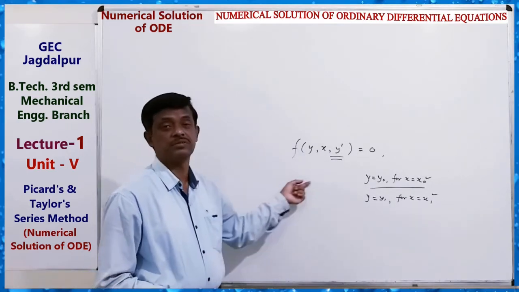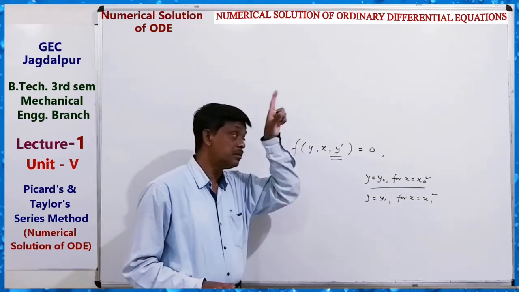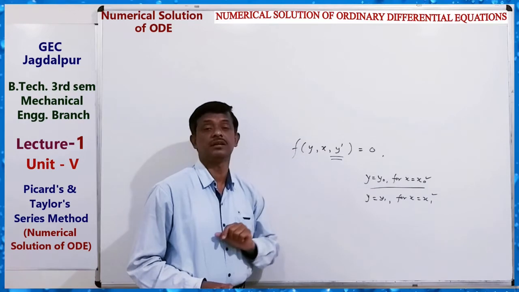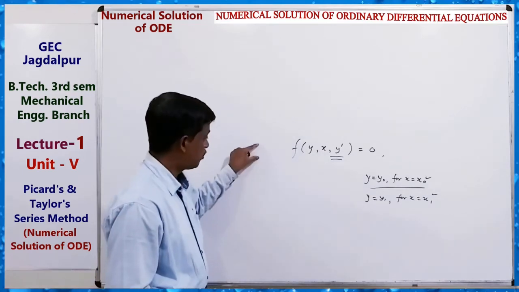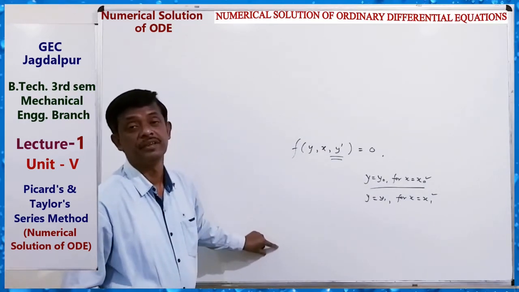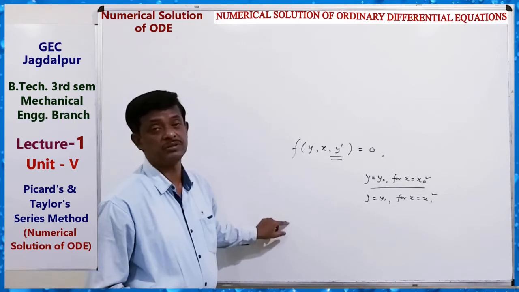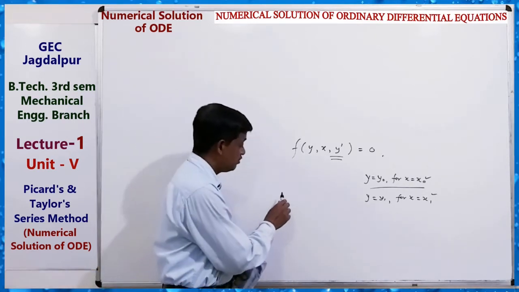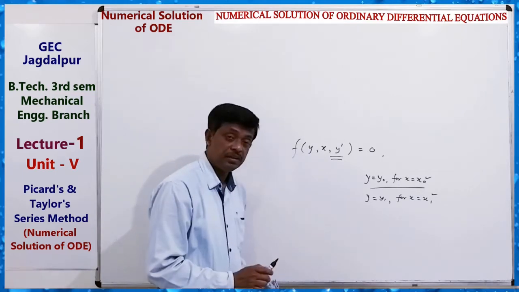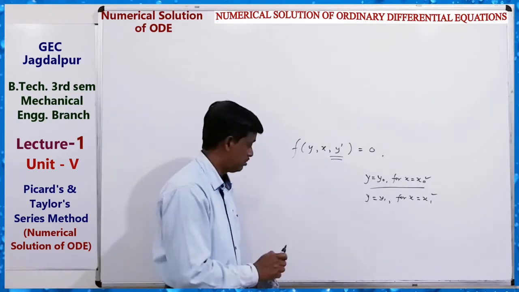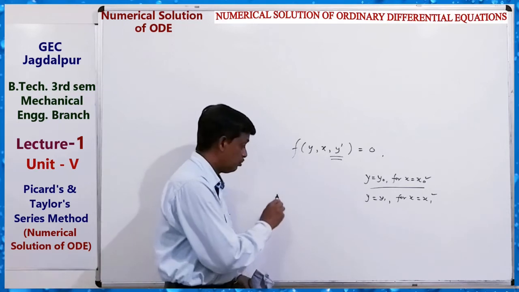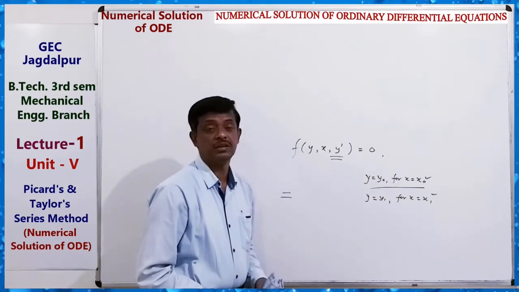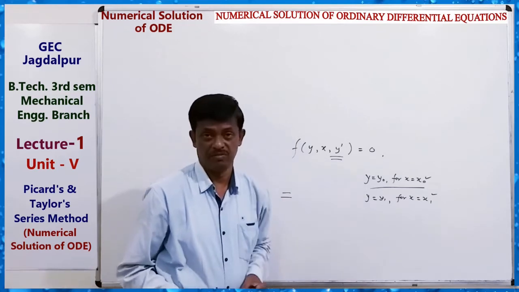Approximation, first approximation, second. Firstly, we use the initial condition, and approximation can be obtained, first approximation, second approximation, third approximation, and the value will be more accurate when two consecutive approximations give nearly the same value.